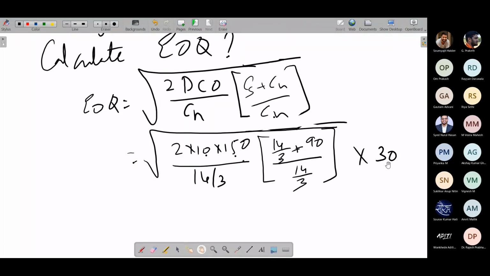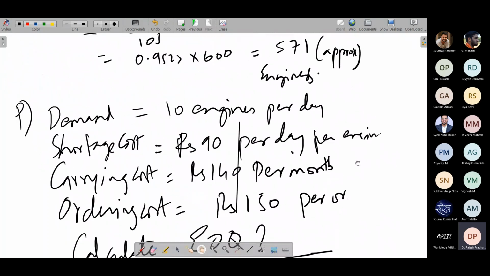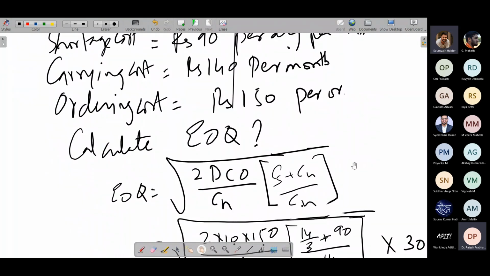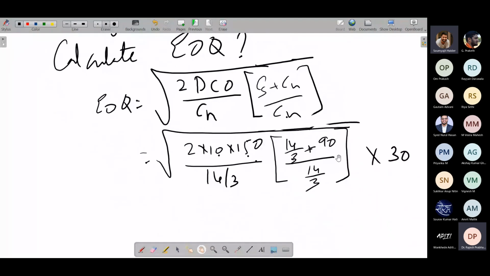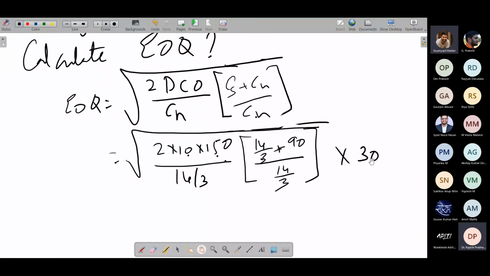Okay, sir, some difference will be there because of the decimal point. That's okay. 26 into 30 is how much? Sir, demand is 10 into 30, that is 300 per month, right? No, we have made everything per day, so you are calculating EOQ per day, EOQ per day into 30.